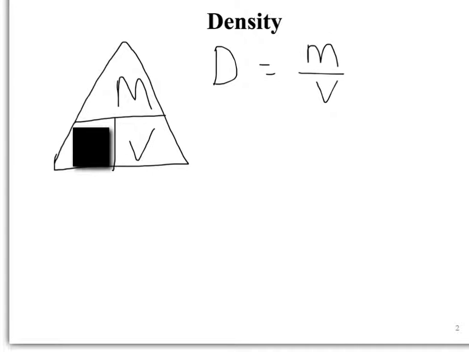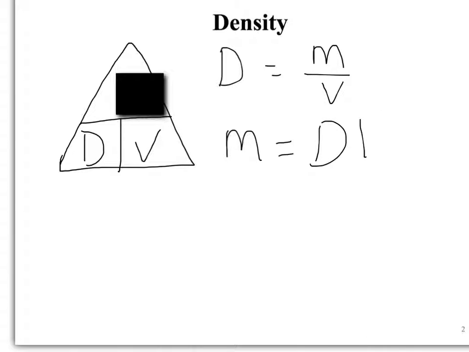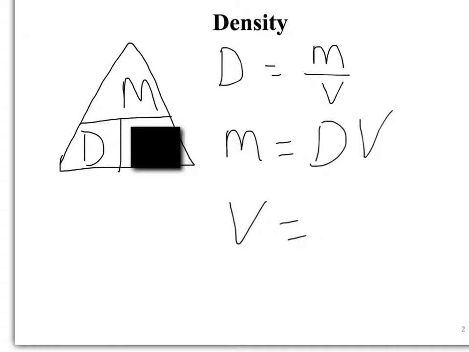Now, if I want to solve for mass, I would have to cover my mass and then realize that I'm left with density times volume. And then if I want to solve for volume, I will cover my volume, and then I notice that I have mass over density.